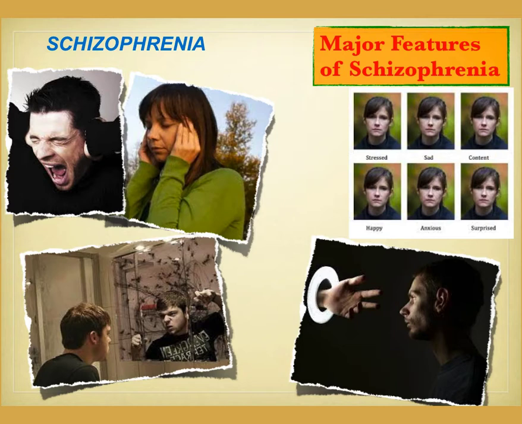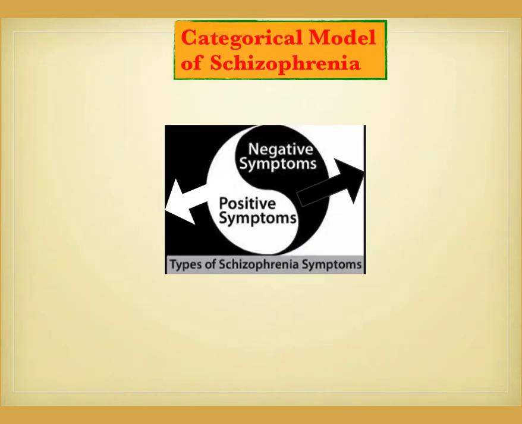There are many other types of impairments when it comes to the major features of schizophrenia. As a general overview, you'll find more explanation in your textbook. But when you look at the categorical model, the way they divide symptoms is into positive symptoms and negative symptoms.